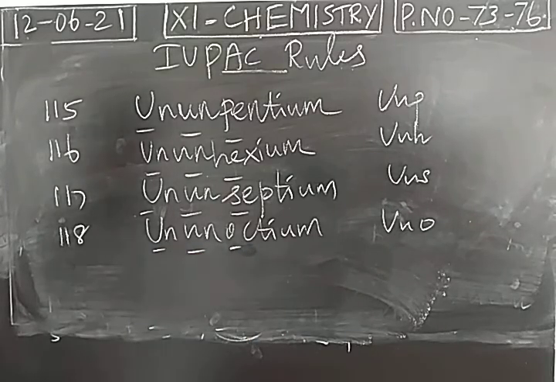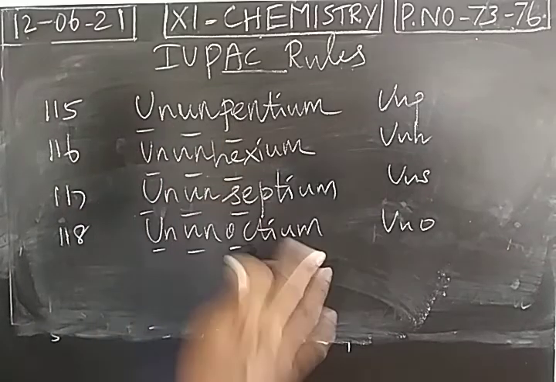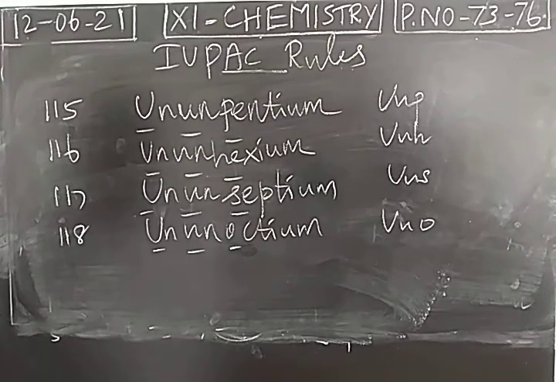So this is the way of writing temporary names and symbols for the elements with atomic number more than 100. Until the IUPAC authentication process is over, we have to follow this temporary name as well as symbol. In the book, on pages 75 and 76, the temporary names and symbols have been given along with the final names and symbols.